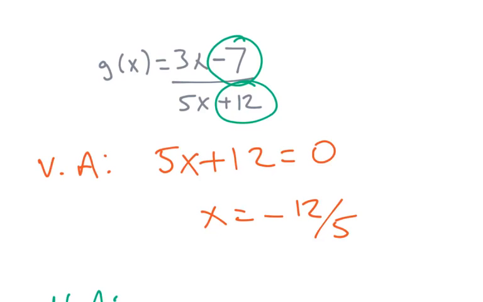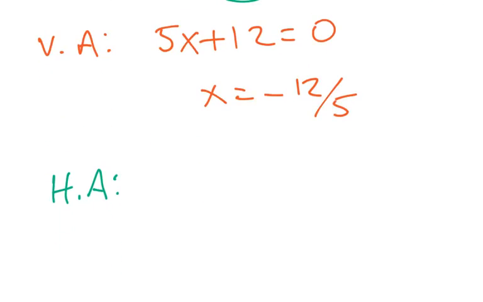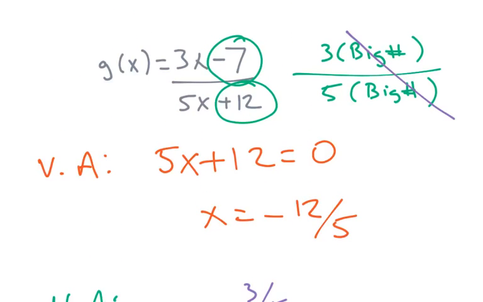It's not going to affect me in any capacity. So what this means is that I'm actually left with 3 times a big number divided by 5 times a big number. And so the big numbers will divide out for very large values, right? And I will be left with 3 over 5, and that is the horizontal asymptote.